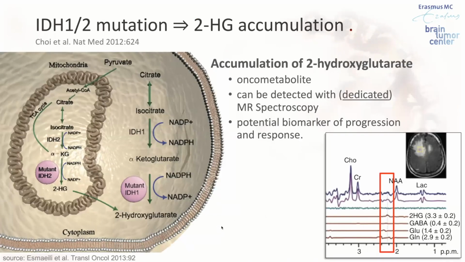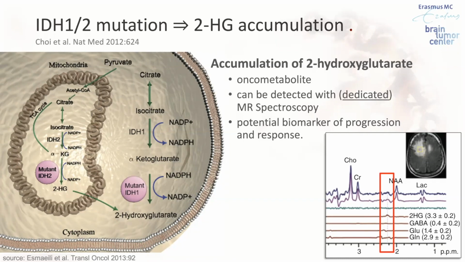IDH is very important, but I don't have any experience with it. IDH mutation is related to the accumulation of 2-hydroxyglutarate, 2-HG, which is considered an oncometabolite. Basically, IDH is important in the citric acid cycle, and if there is a mutation, instead of converting isocitrate to alpha-ketoglutarate, we get an accumulation of 2-hydroxyglutarate.